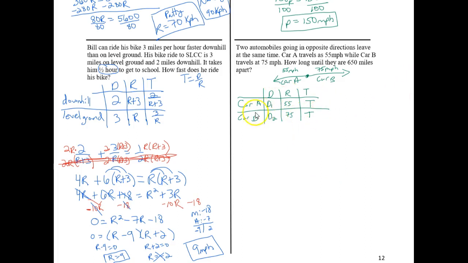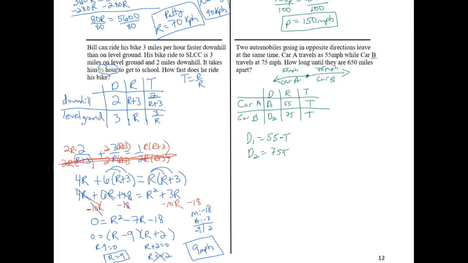Now, looking at this, you might think, how can I solve this? I don't have enough information. I've got 3 different variables, but only 2 equations. And it's true. So distance 1 equals rate times time. Distance 2 equals rate times time.